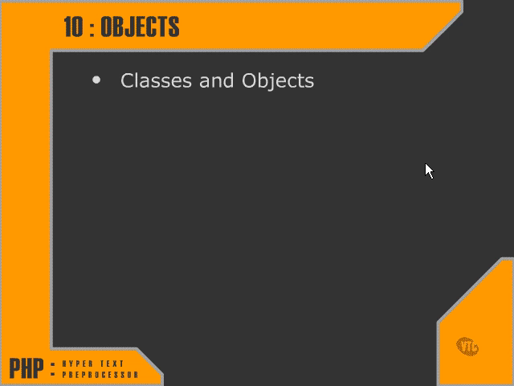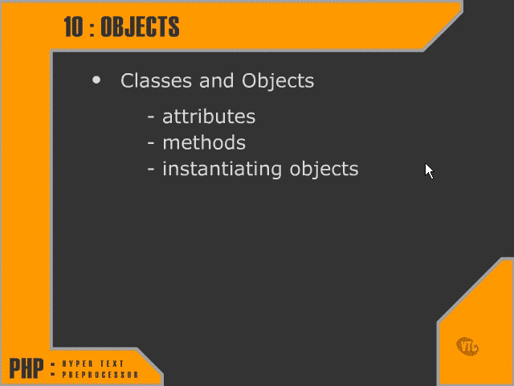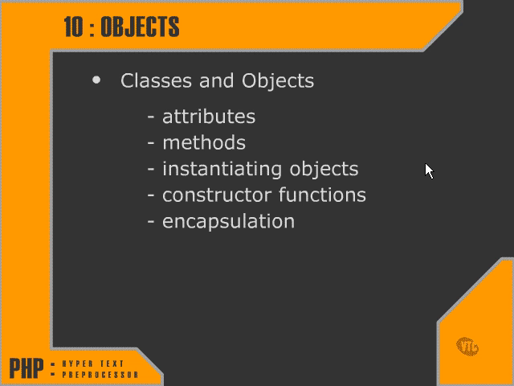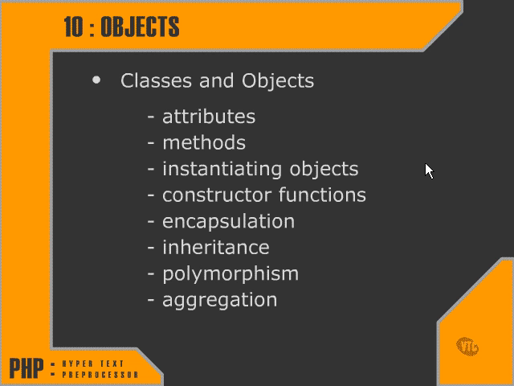Also, through this chapter we're going to briefly cover these different topics: attributes, methods of objects, instantiating objects, constructor functions for classes, encapsulation, object inheritance, polymorphism, and aggregation.